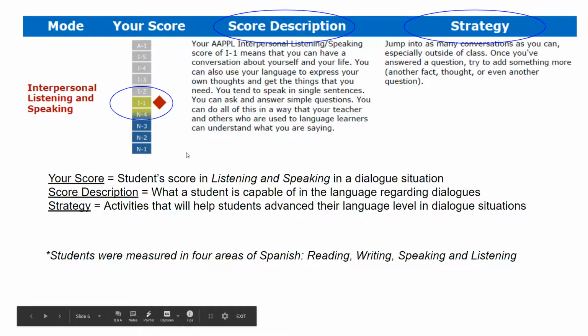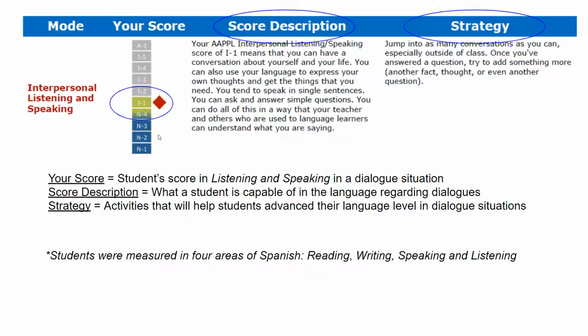Looking very specifically at one of the examples that we just talked about, again, talking about communication and conversation skills in the language, the example student scored at an I1. Here is more specific information about what that means, and then a strategy for advancing to the next level.